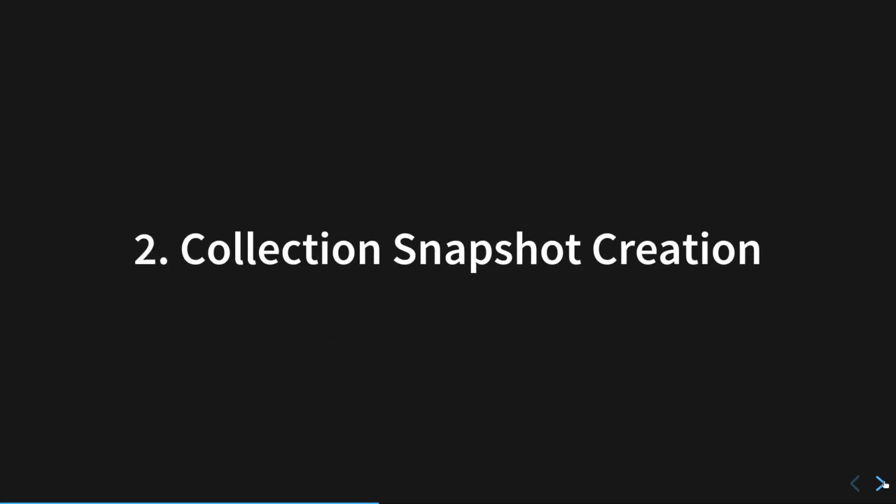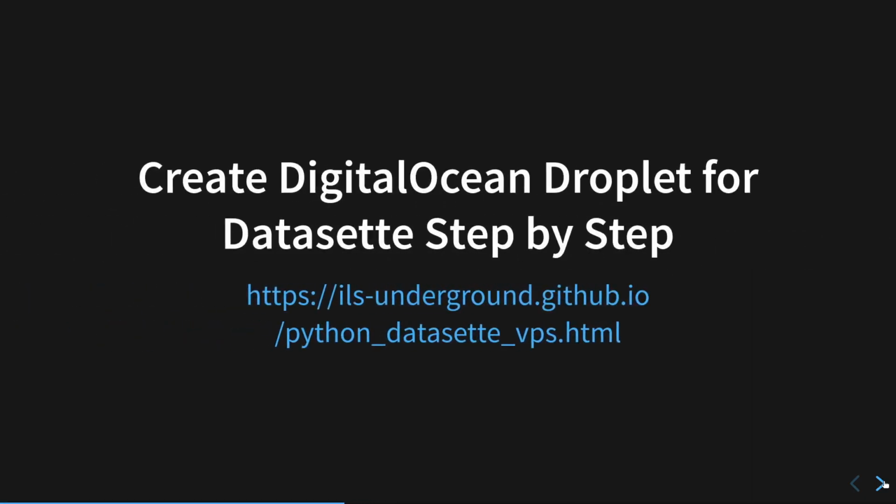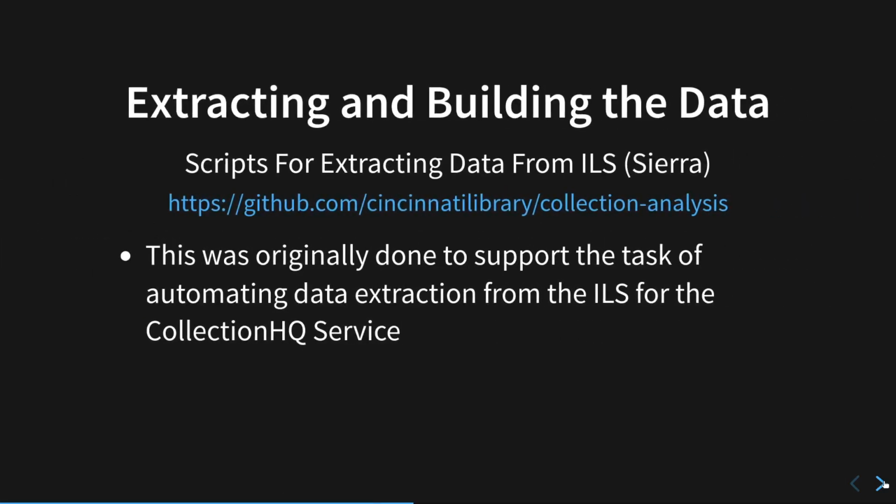So the second part of this talk, I'm going to talk about the collection snapshot creation. This was originally done to support the task of automating data extraction from the ILS for Collection HQ. Collection HQ is another collection analysis tool.